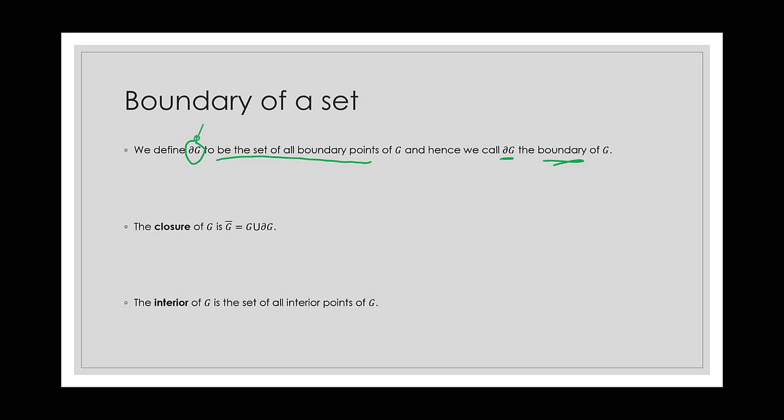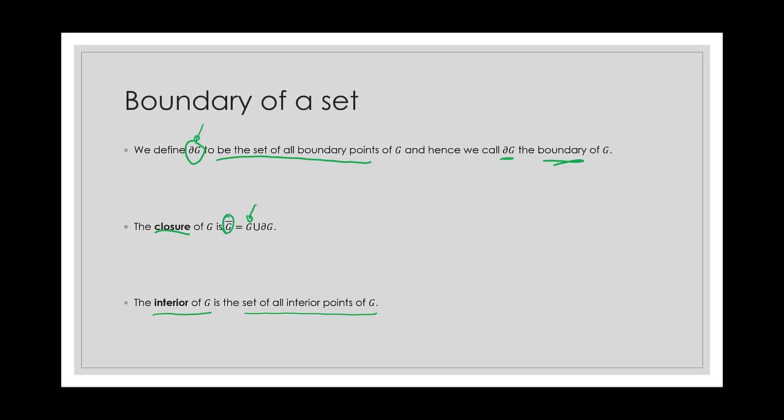We define the closure of a set, again using that conjugate notation, as the set G with all of its boundary points thrown in. The interior of G is just the set of all interior points of G. Hopefully these are self-explanatory.